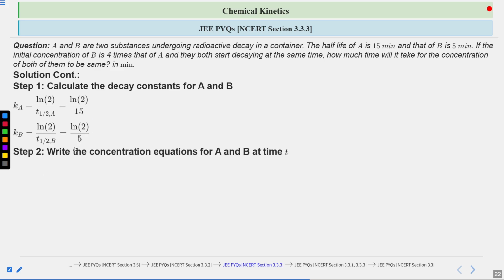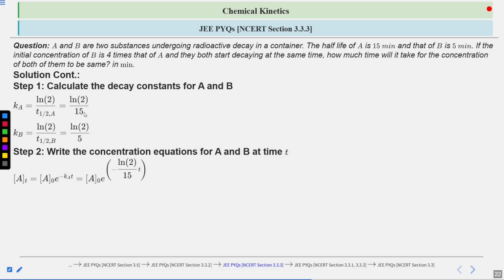Now step 2 includes the concentration equation. Write the concentration equations for A and B at time t. So we have the general equation. We can write it as A at time t is equal to A naught e to the power minus Ka t.